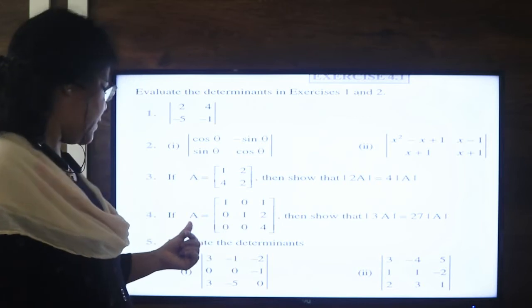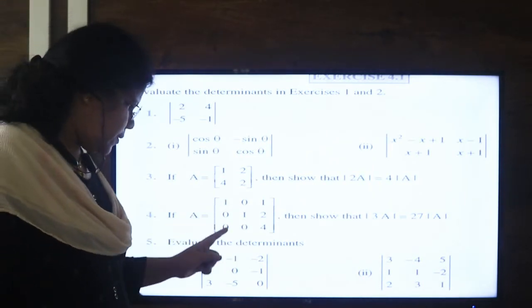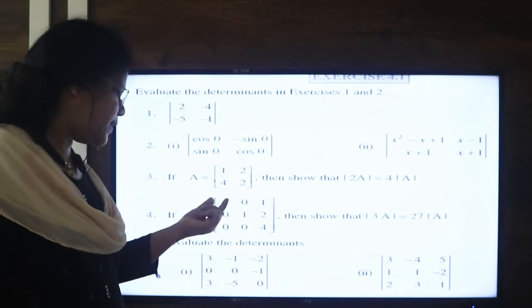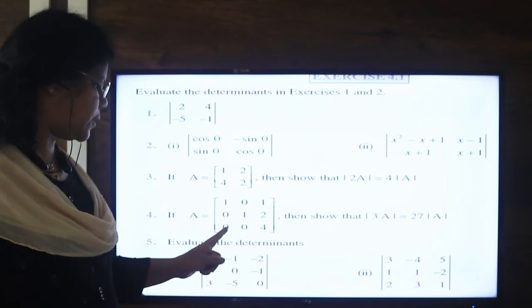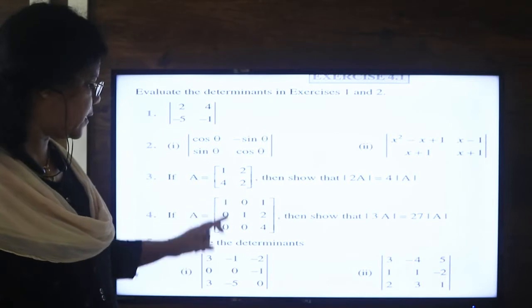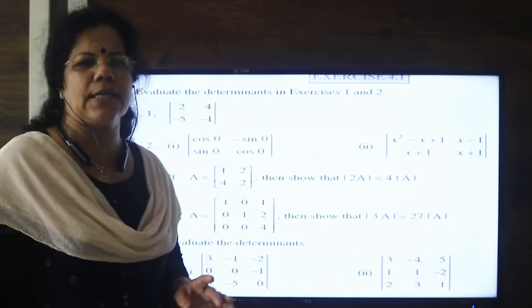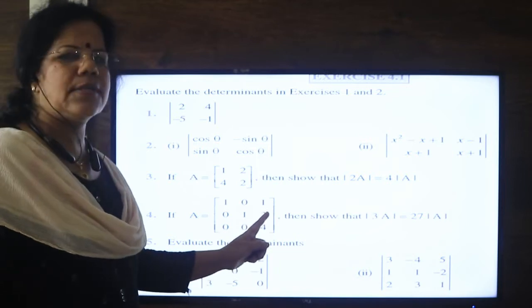Here is another example. Now we prefer to expand using some row or column which contains the maximum number of zeros. Here the first column contains 2 zeros and the last row contains 2 zeros. So it is better to expand using this, because our work will be very easy and convenient. So 1 into 4 minus 0.